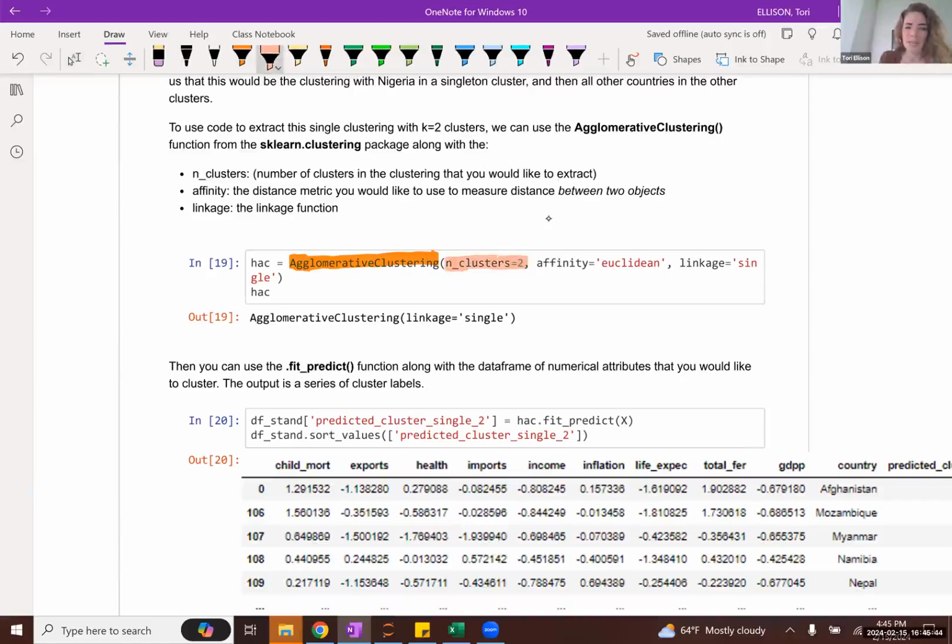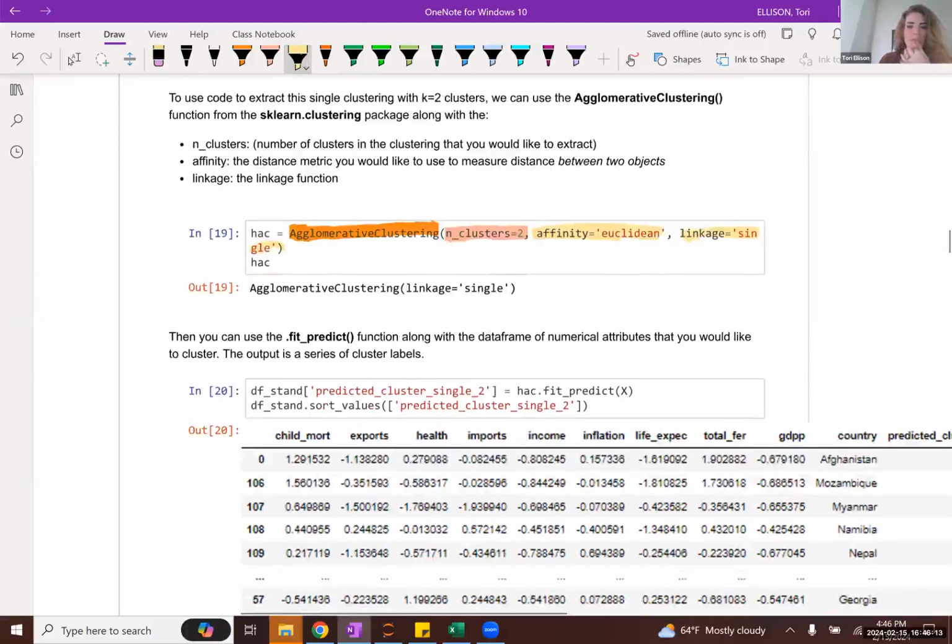For instance, if we wanted to identify a set of cluster labels for the clustering with, let's say, 2 clusters found in that dendrogram, you'd specify the number of clusters you'd like to pick off from the dendrogram. You also need to select the distance metric between the points you're considering, as well as the linkage function.